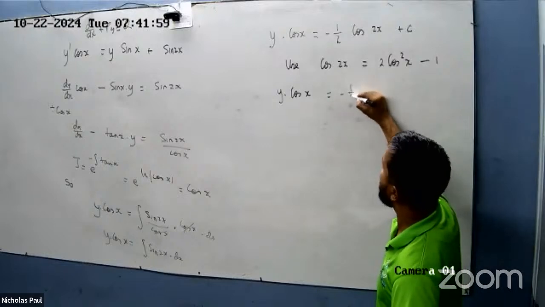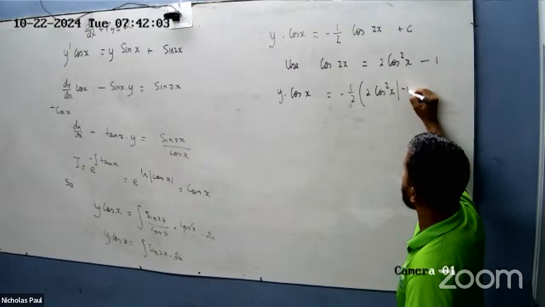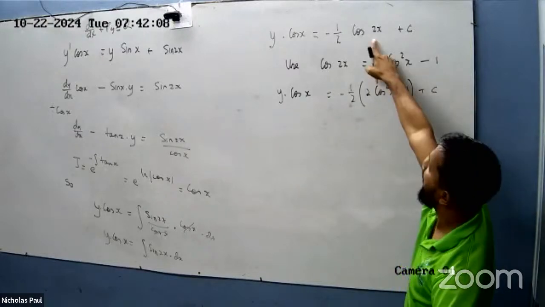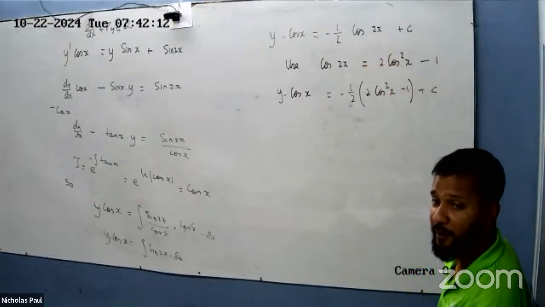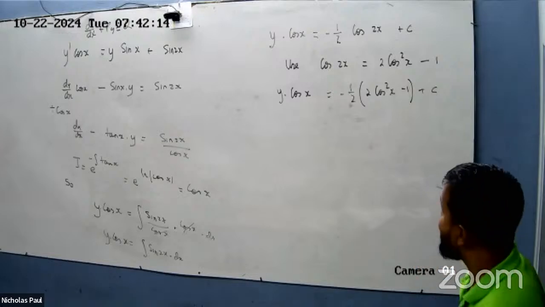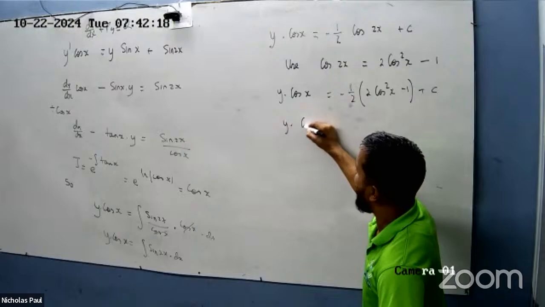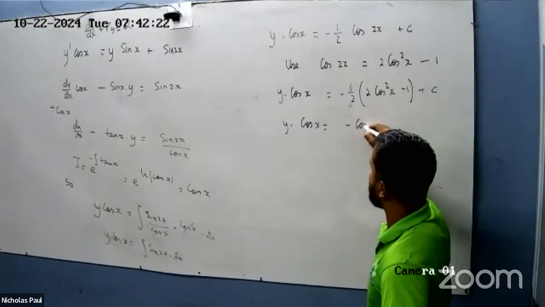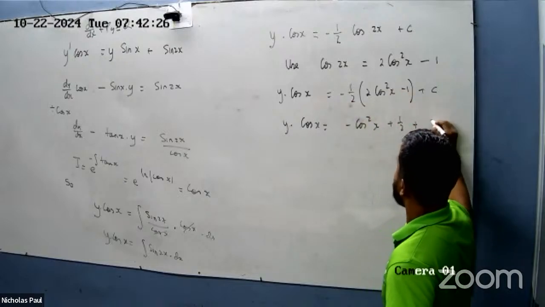Right? So that'll be minus a half by 2 cos squared x minus 1 plus c. So I'll make a substitution for this here. That's okay? So when you work this out here, y is cos x minus a half by 2, that'll give you a minus 1, minus and a minus a plus c.